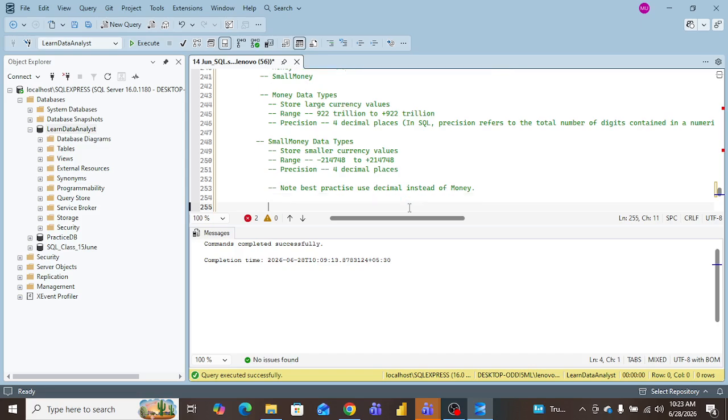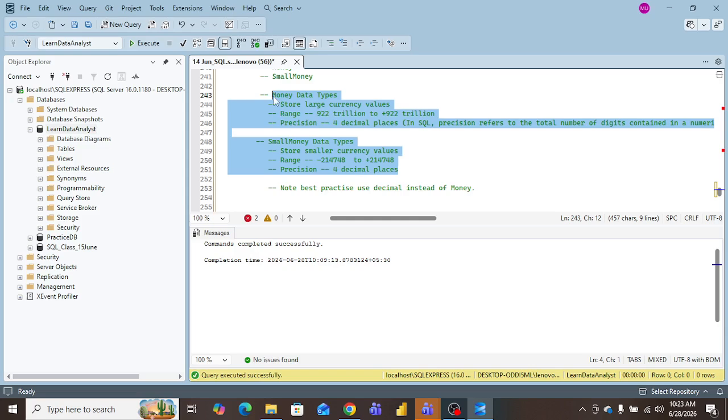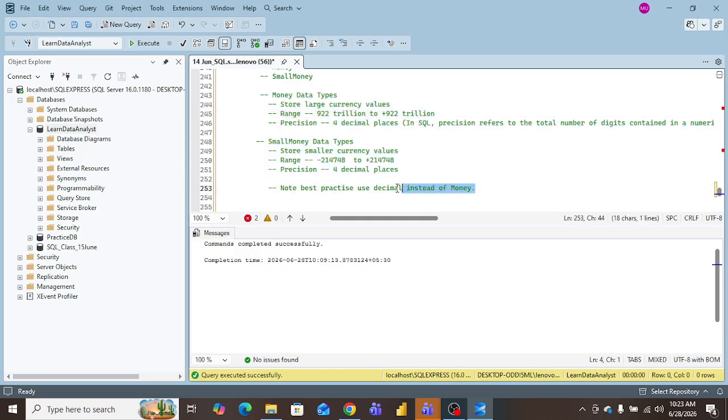Why? Because we require money in a decimal float value. We can use it for large currency, but mostly we use this. But why do we have to learn this? Because we need to understand what kinds of data types exist for money.